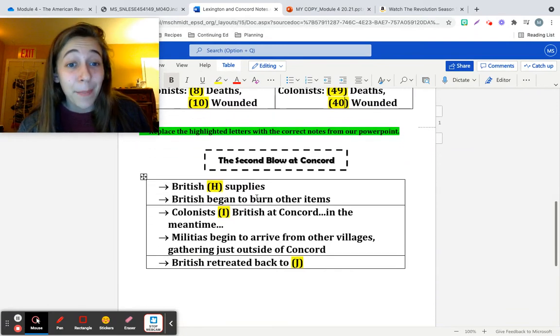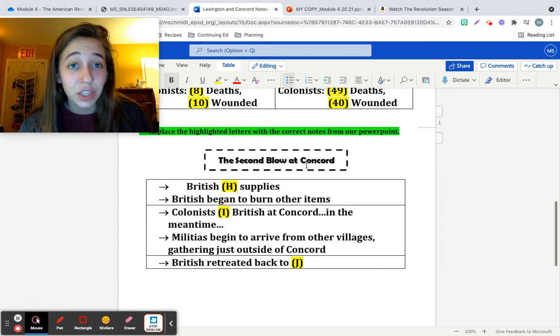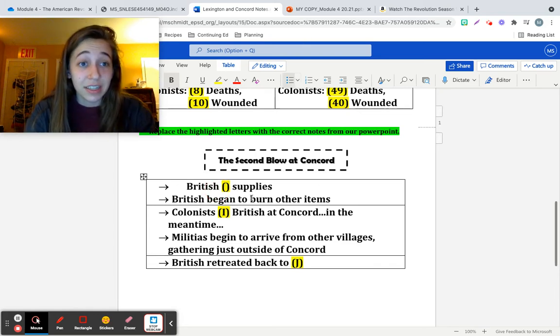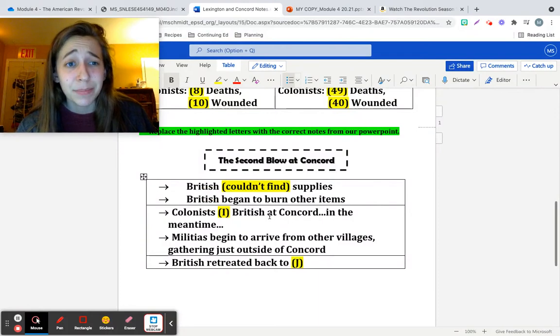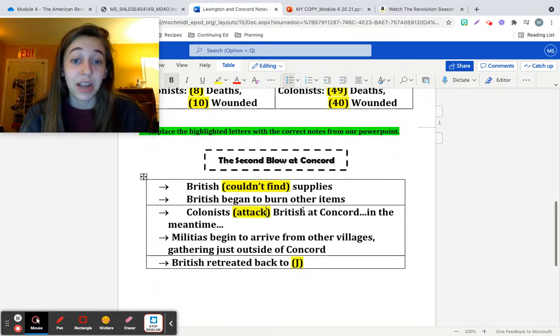But what specifically happened at Concord that we saw in the video and read in our textbook just then is that the colonists had hidden those supplies, so the British couldn't find them. The British basically threw a temper tantrum because they didn't find what they were looking for, so they started to burn random things, which just made the colonists more angry, and that made them attack the British at Concord.